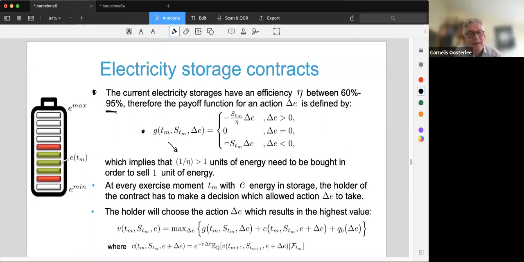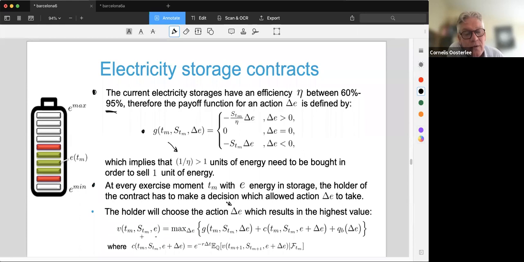So at every exercise moment, at every time that the electricity utility has the right to do something, we have E energy in storage, and the holder of the contract has to make a decision which allowed action delta E to take. We choose the action delta E which results in the highest value.